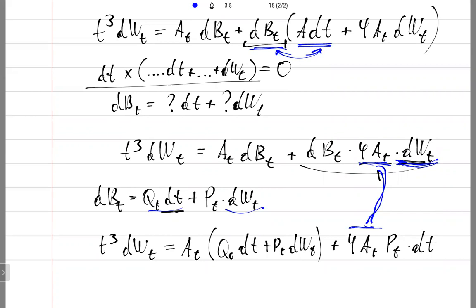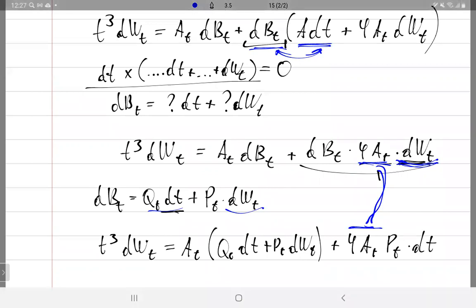So just a copy to make PtdWt plus 4AtPtdt. Okay, let's go on.